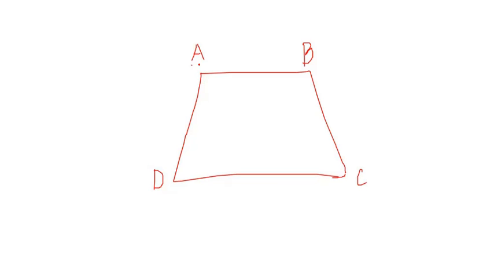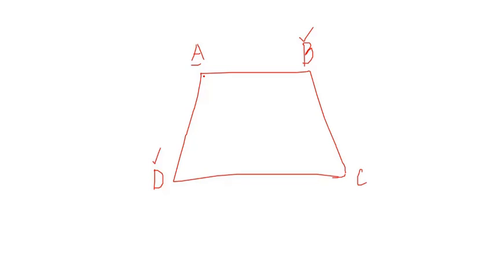If you consider A, then D and B are the adjacent vertices of A. Similarly, if you consider B, then A and C are the adjacent vertices of B. Similarly, B and D are the adjacent vertices of C, and A and C are the adjacent vertices of D. So A and C are opposite vertices, and B and D are opposite vertices.